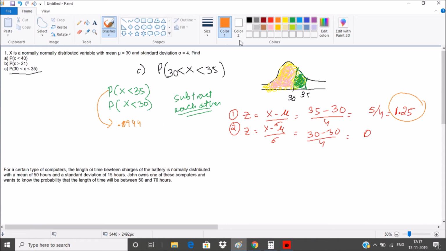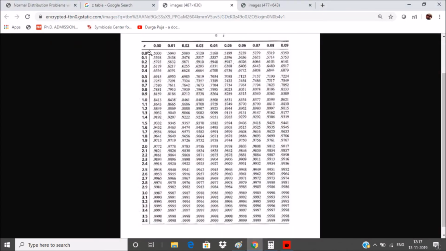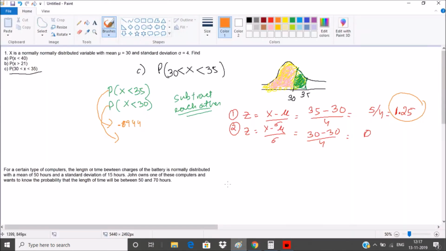Then we need to find the probability associated with x less than 30, which is essentially on the z table a value of 0, and 0.0 is always 0.5000, right? And now we need to find the difference to get this area.